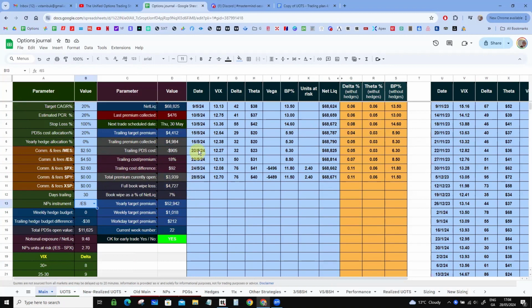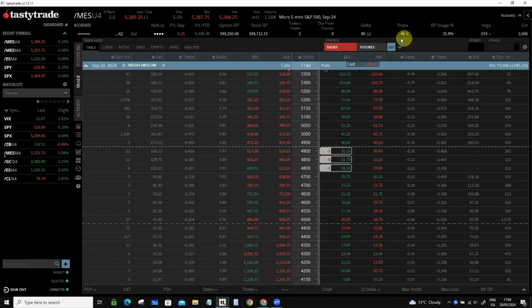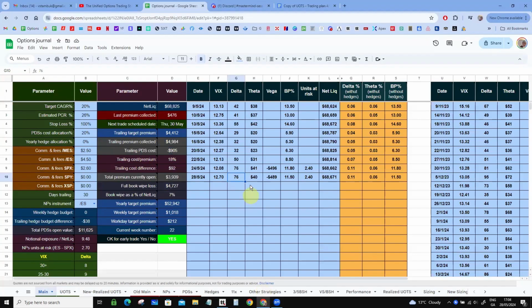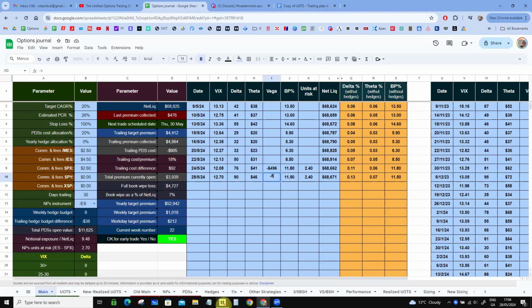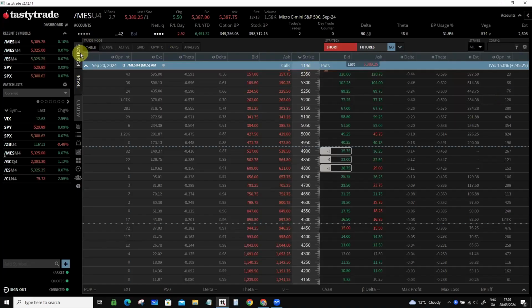And what we want to do is record these new values just to make sure that we have it now with increased delta and all of that. So 90 and 46. 90 and 46. Our Vega is minus 574. Our buying power is going to be a little bit higher than it was.